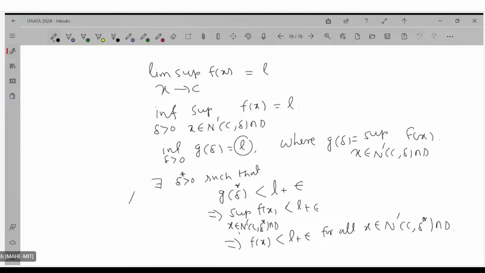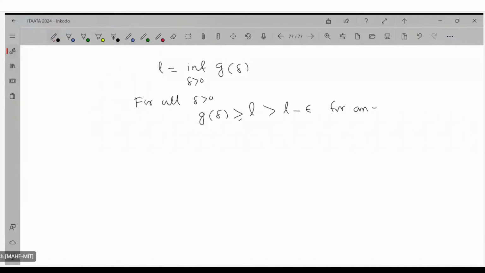What is the next part? Since L is the infimum of the set, for all delta greater than 0, G of delta is greater than or equal to L, which is greater than L minus epsilon for any epsilon greater than 0.